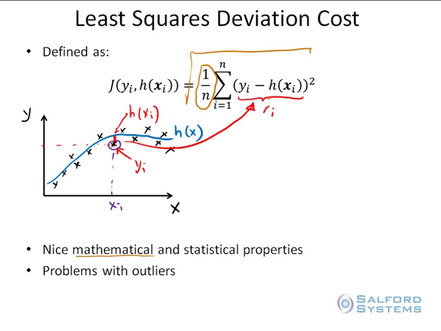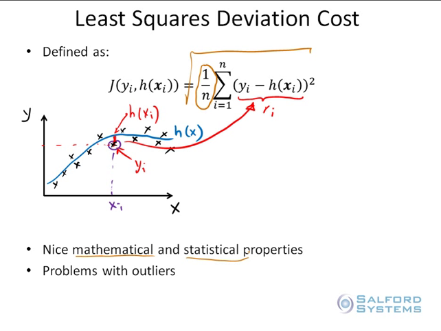So the least squares deviation cost is natural from the mathematical point of view, and it's the simplest, and it always arises in concepts like linear regression, for example, or even support vector machines, and so on. So the least squares cost has nice mathematical characteristics, but what's more interesting is it also has nice statistical properties.